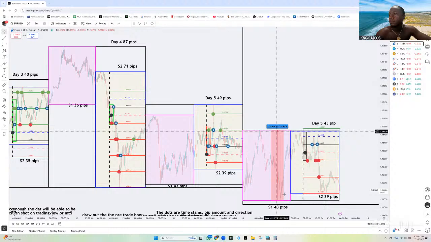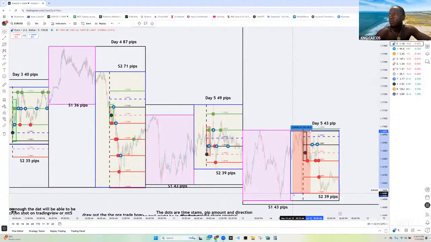Let's see how many pips for session two. Move that bad boy over some. Should be around 38 pips, almost identical to the day before. All right, and we are done labeling.